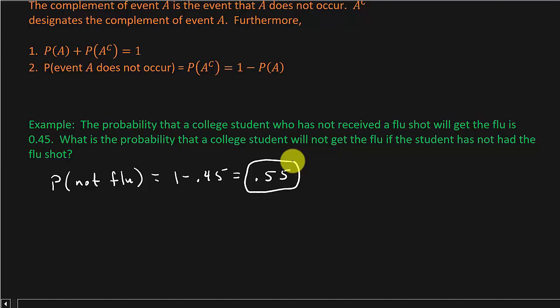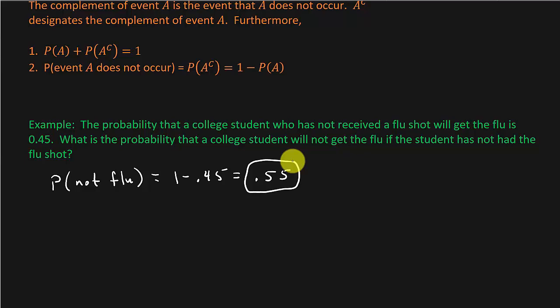They gave us the probability that they got the flu. We don't have any other information to go on for them not getting the flu. We don't have the number of successful outcomes or the number of possible outcomes.